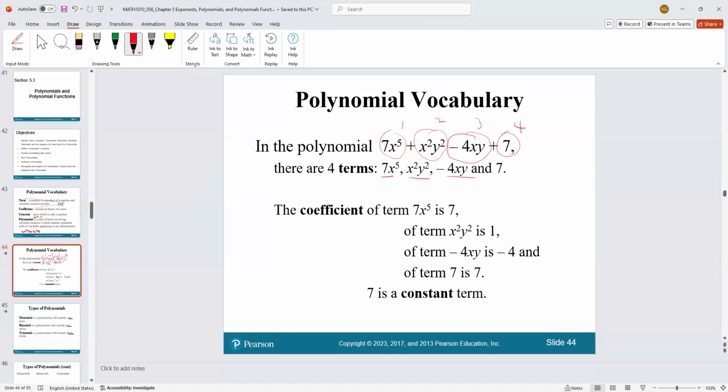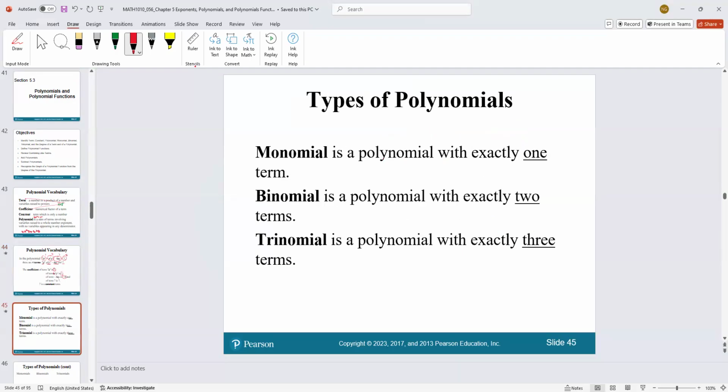The coefficient of the term 7x^5 is 7. The coefficient of the term x squared y squared is only 1, because there is no other number. The coefficient of the term negative 4xy is negative 4, and the coefficient of the term 7 is 7, because remember, if you have no variable in a term, we call it a constant term.